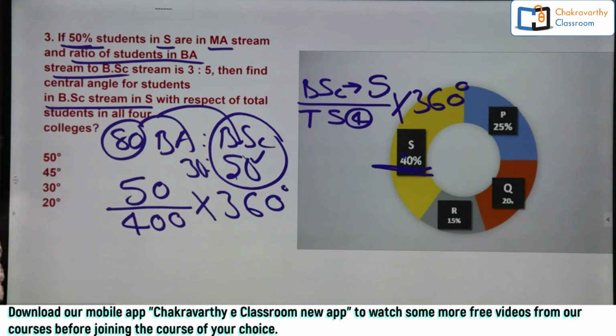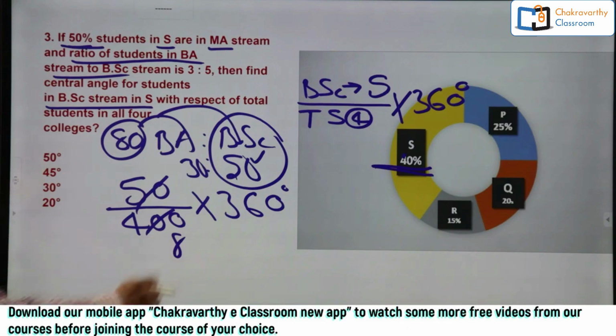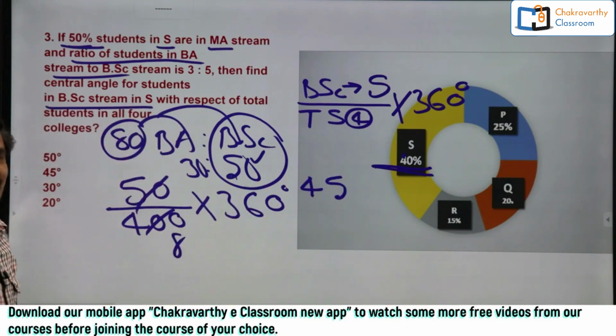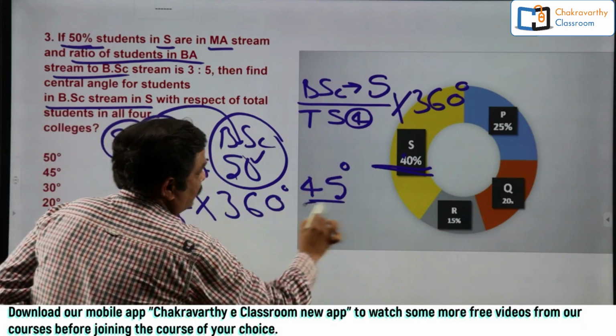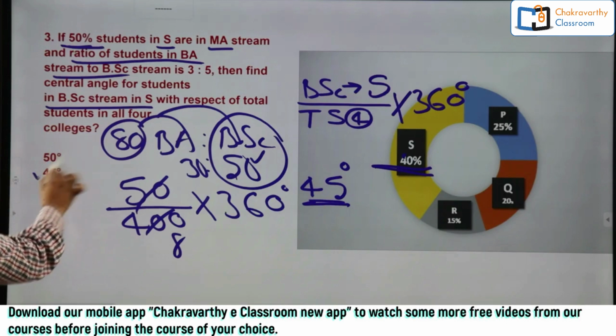This is my answer. So convert that into degrees. This is 8 times. 8 fours, then 8 fives. My answer is 45 degrees. That's it. So in the second option, 45 degrees is my answer.